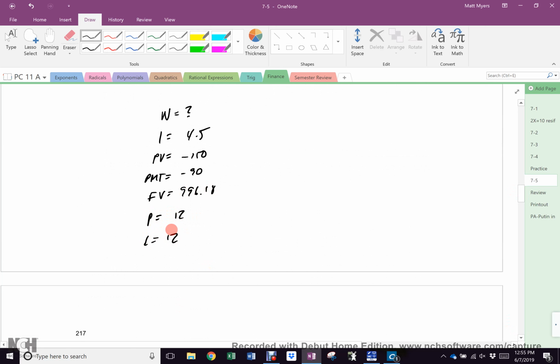So her payments per year, oh no, that's right. So, if I run that through, if she did this, she'd have the washer in 9 months.